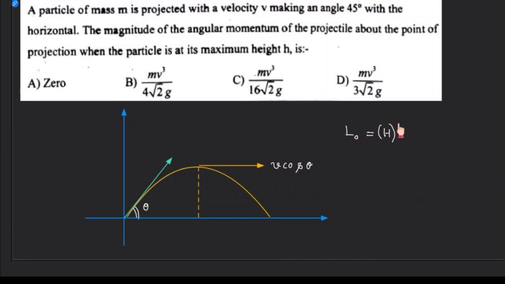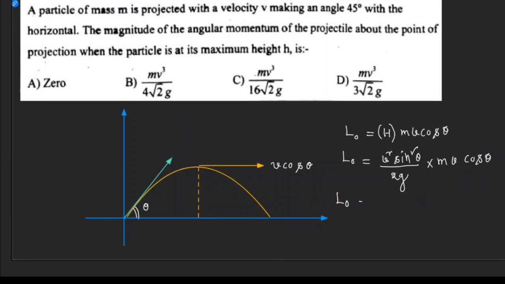So this H into momentum, m into v into cos theta, right? Therefore, this L naught, the angular momentum about this O, can be written as, H is v square sin square theta by 2g, into m into v into cos theta. Substitute all the values.